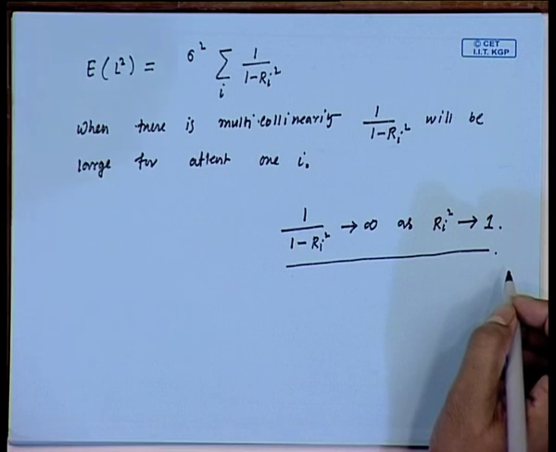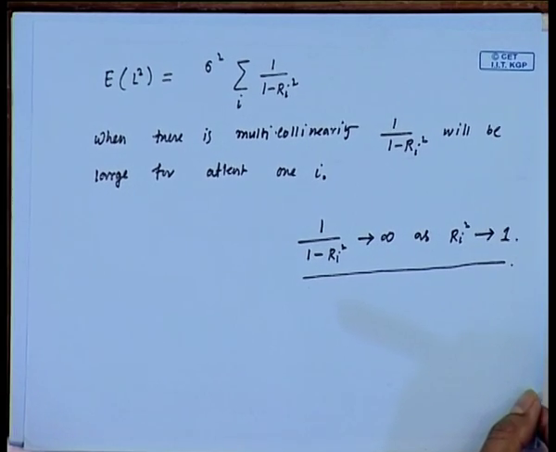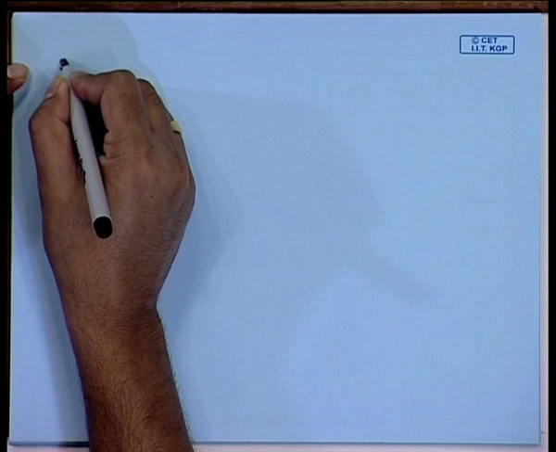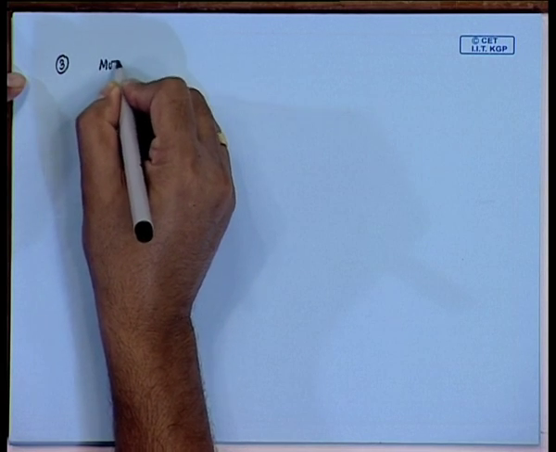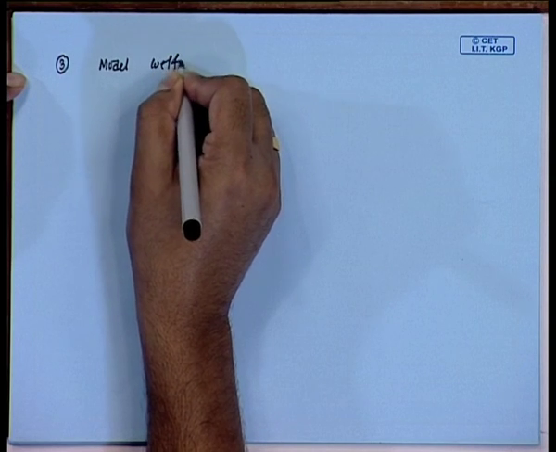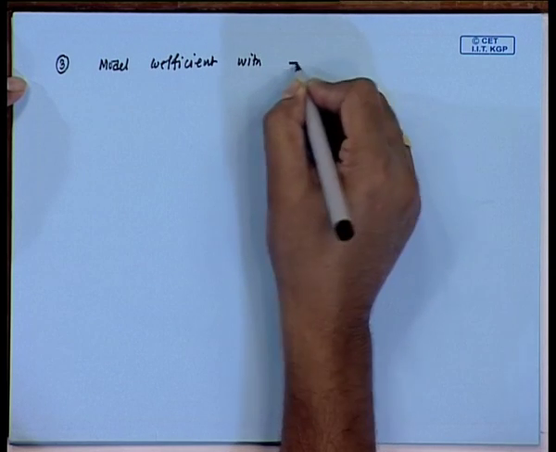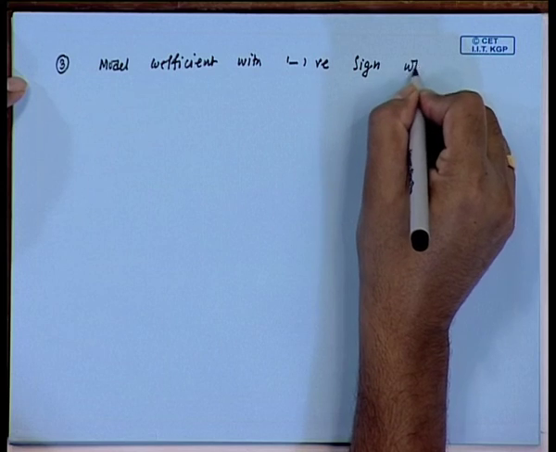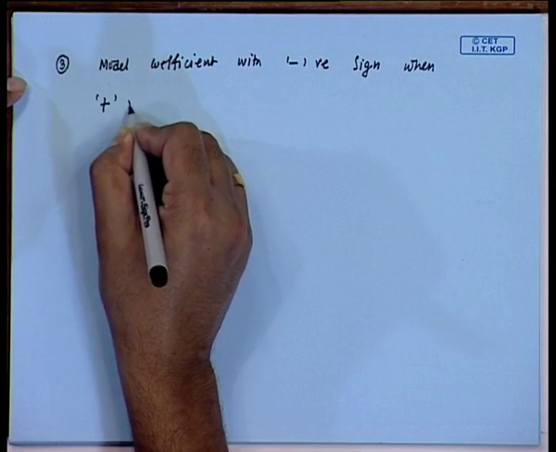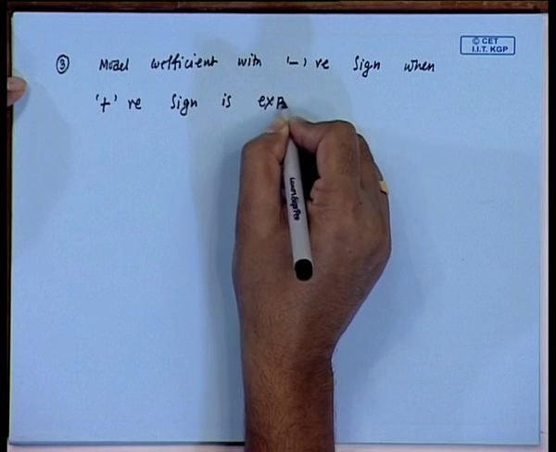Next we will talk about some more problems due to multicollinearity, that is, the model coefficient with negative sign when a positive sign is expected.